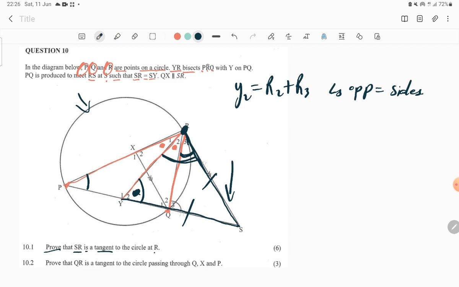We also know that this Y2 is the exterior angle of triangle PRY.